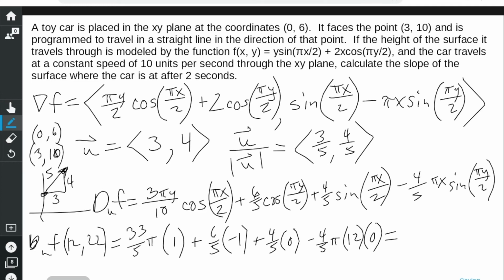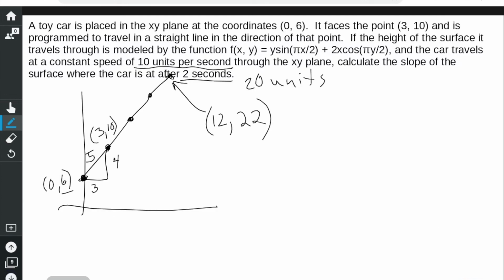So it looks like our directional derivative is going to be 33 pi fifths minus 6 fifths. Or we could pull out a 3 fifths here and then do 11 pi minus 2. Okay, so we have essentially solved the problem.